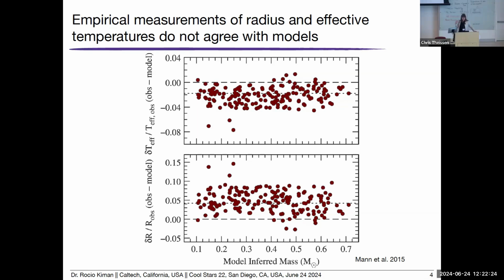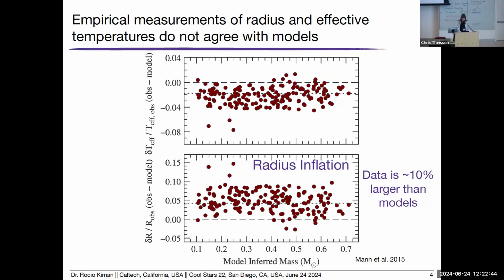And we see that the data has lower values of temperatures, and the model predicts for the same mass, and the radius has larger values than what the model predicts, again, for the same mass. This problem is called radius inflation, and it says that the data is around 10% larger than what the models predict.